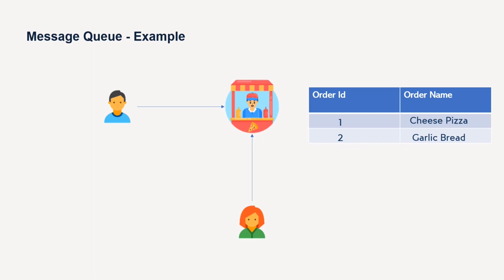Requests are being taken from the customers and they are acknowledged. Okay, your order is in processing, and whenever it is done, you are notified. So the same concept is also applicable for messaging queues. Whenever we have any request coming for any resource, it is not served right away, but it takes some time in processing. After that, the response is sent back to the customer or the requester.